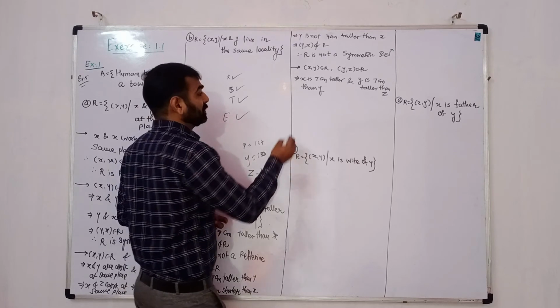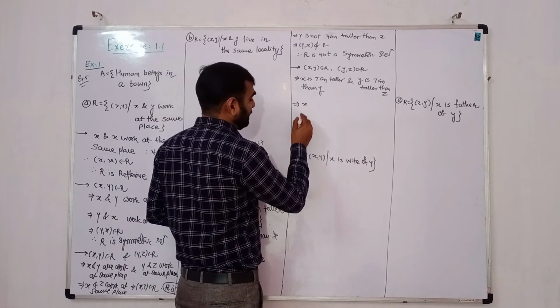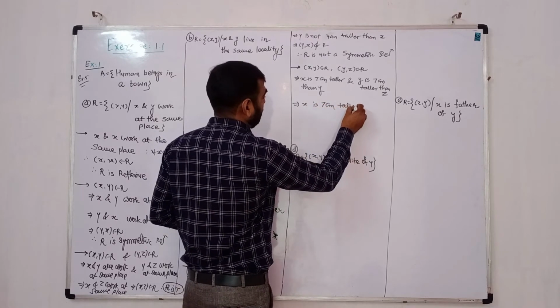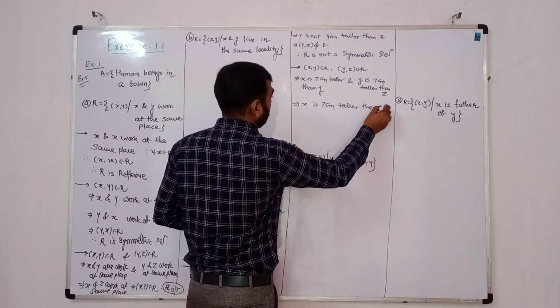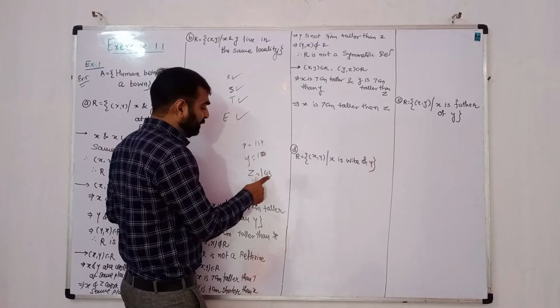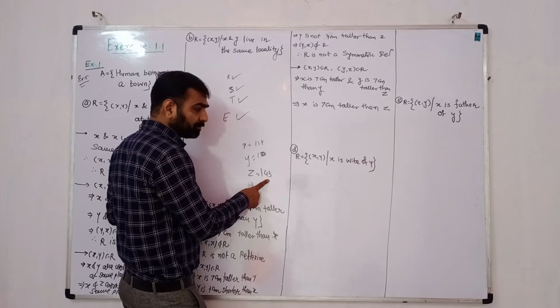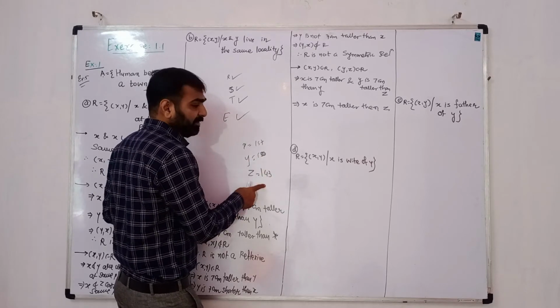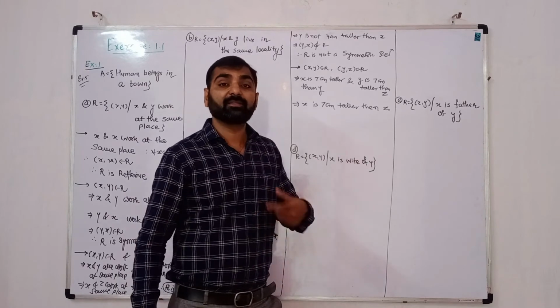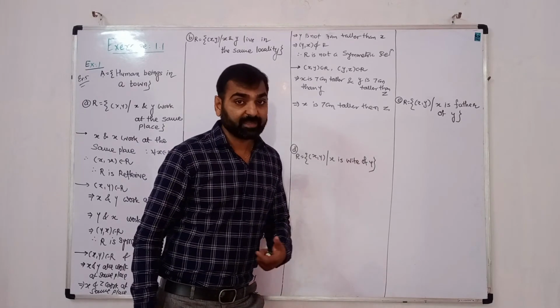143 होगा. So we can say that x is 7 centimeter taller than Z. No, because इसकी 157 है, इसकी 143 है, तो इन दोनों का बीच का डिफरेंस देंगे 7 का 7 14 सेंटीमीटर टॉलर होगा. X is 14 सेंटीमीटर टॉलर than Z, not 7.